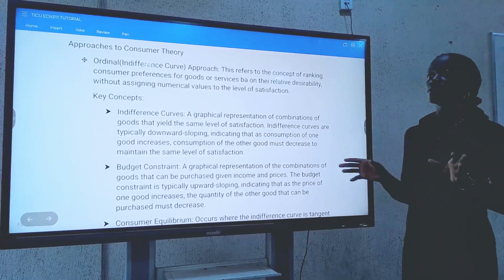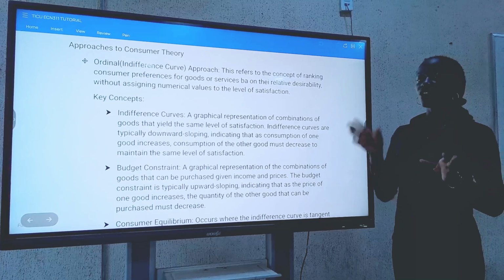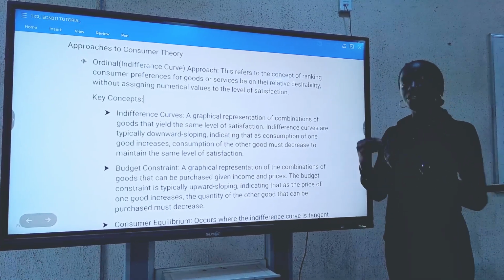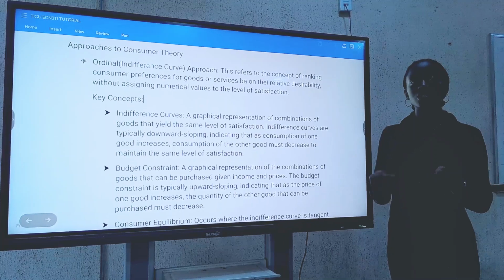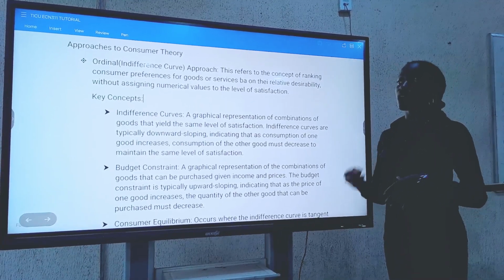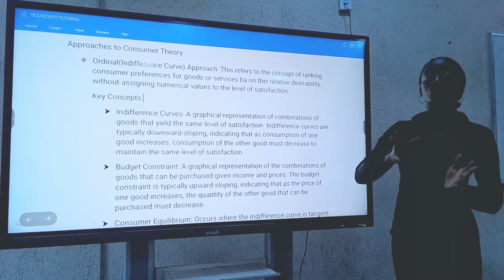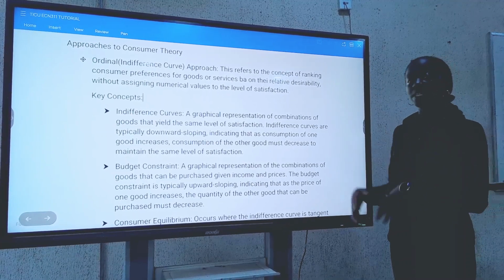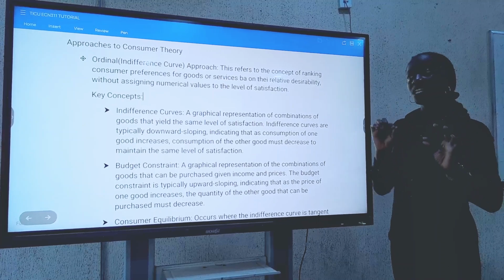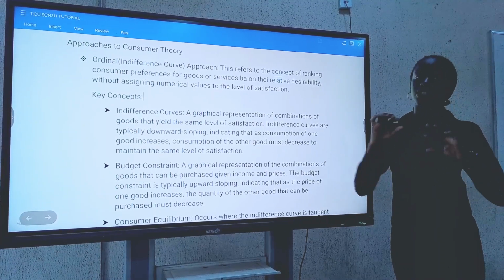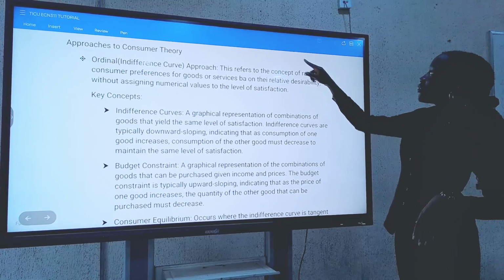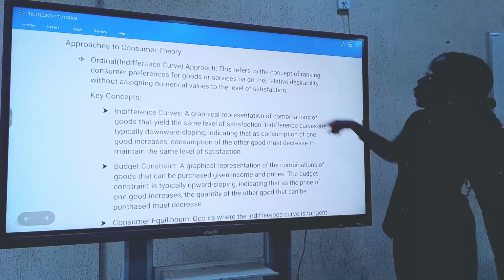So an indifference curve is simply a graphical representation of a combination of goods. Let's say I'm consuming water and I'm consuming biscuits. The indifference curve shows the amount of water and the amount of biscuit I consume, and on the same indifference curve, the same level of satisfaction is derived. It is usually downward sloping.